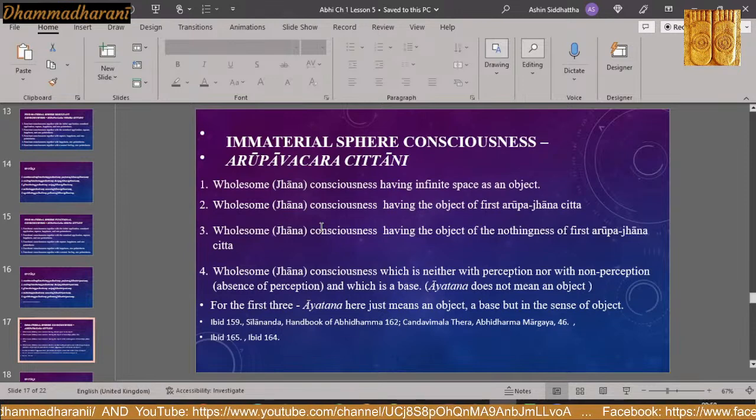Nothingness, second one. Therefore, we call it the wholesome Arūpāvacara Jhana consciousness having the object of the nothingness of the first Arūpāvacara Jhana.